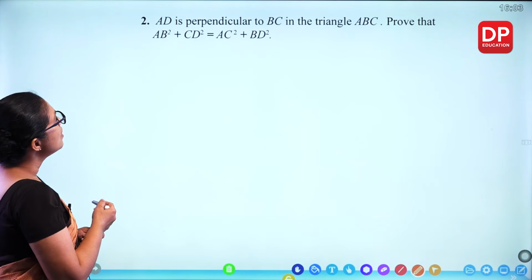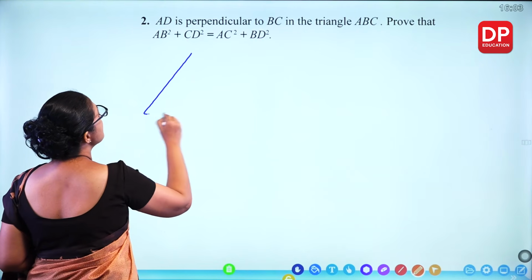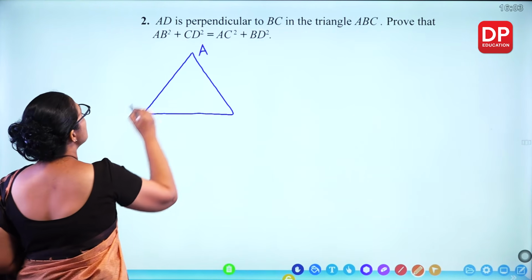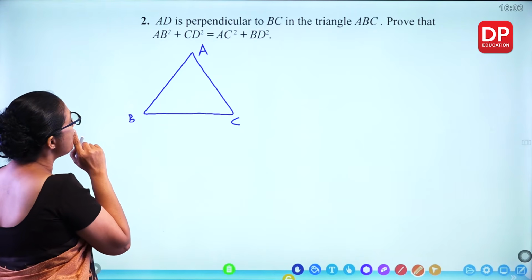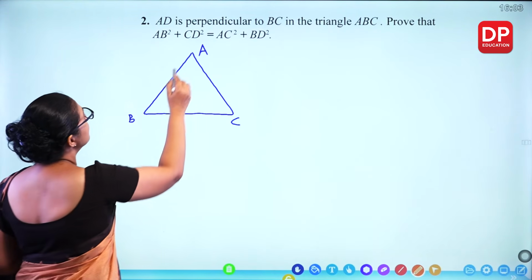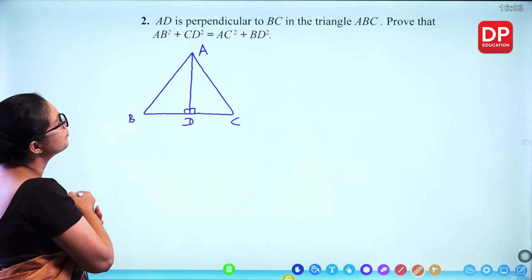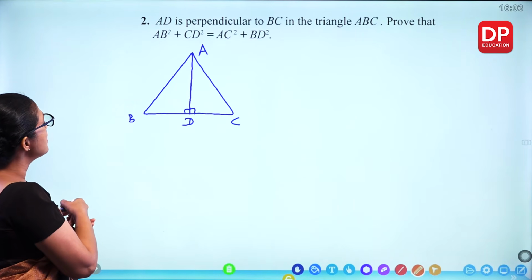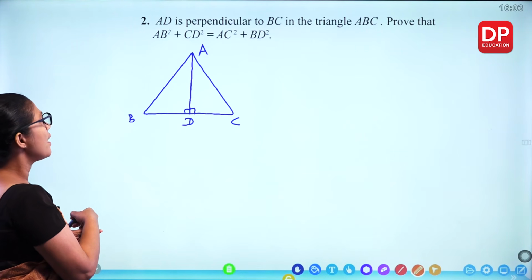Question number 2. AD is perpendicular to BC in the triangle ABC. Prove that AB squared plus CD squared is equal to AC squared plus BD squared.